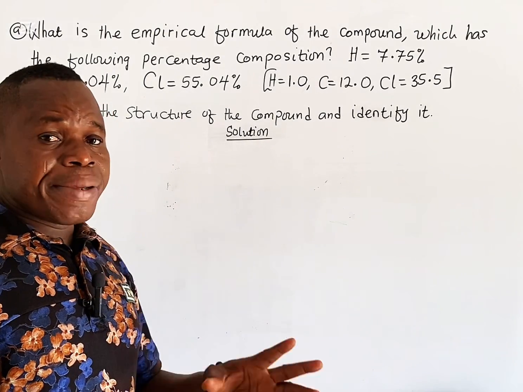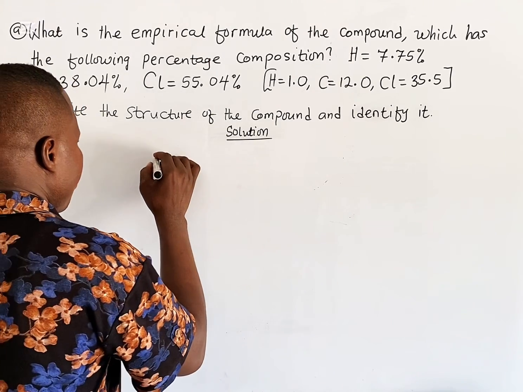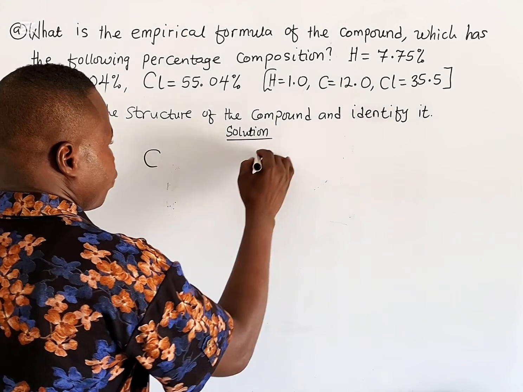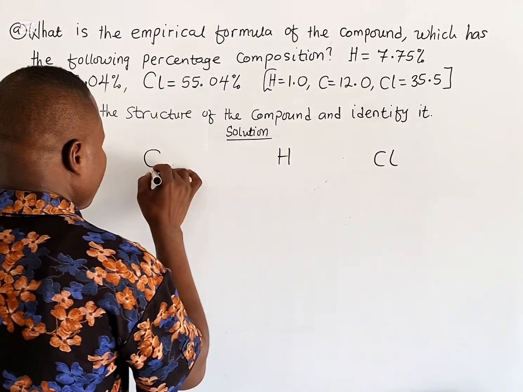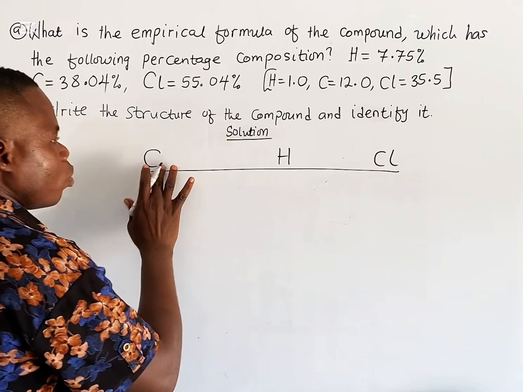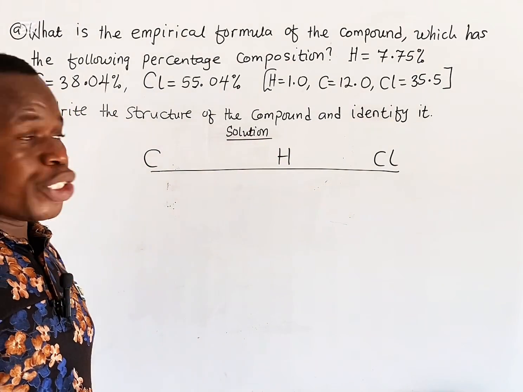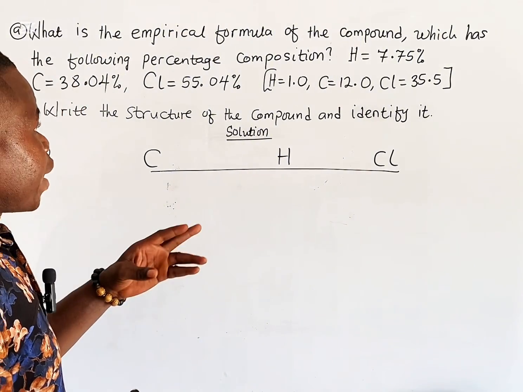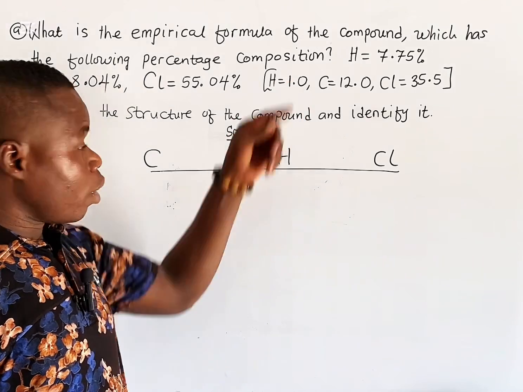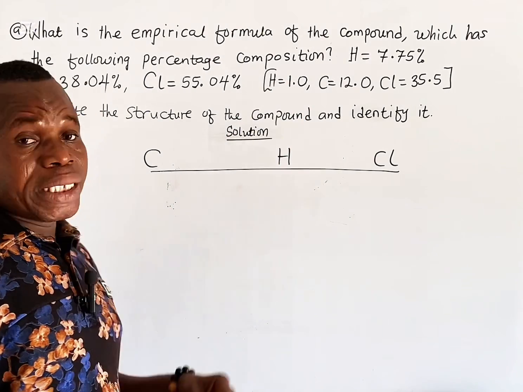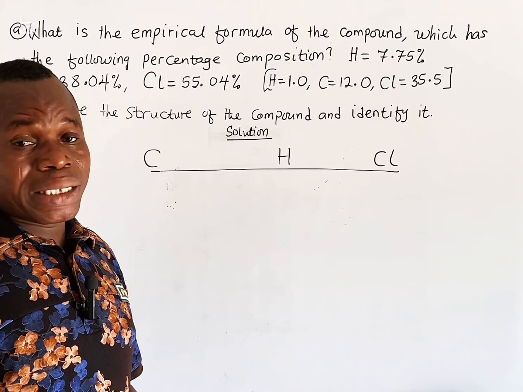So to find the empirical formula of this compound, first of all, write the symbols down. So I have carbon, hydrogen, and chlorine. And then take this expression. You take the percentage mass of each of the elements here and divide by their respective atomic masses.